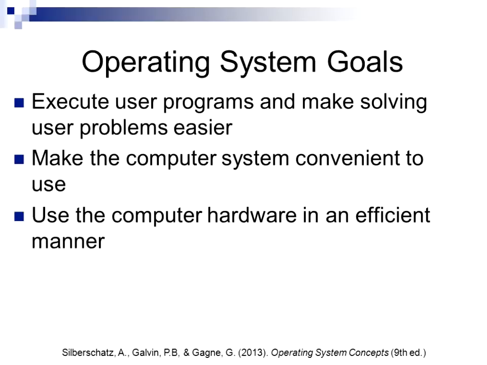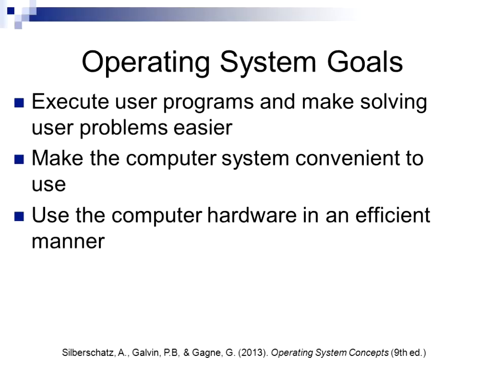So the operating system's goals are to execute user programs to make solving problems easier, to make the computer system convenient to use, and to use the hardware in an efficient manner. Okay, and this isn't so easy to do. Different users have different needs, different wants.